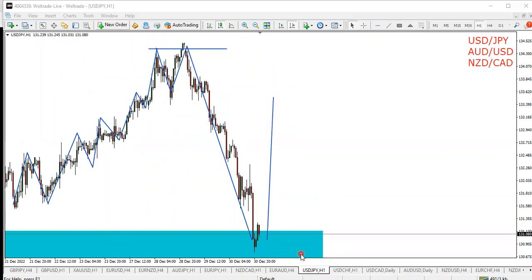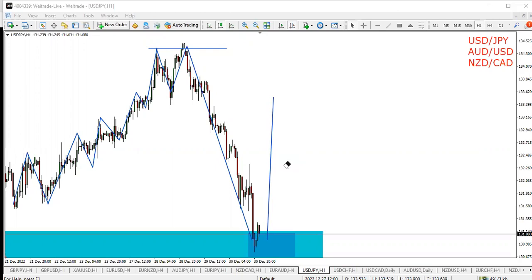So this is really what we are looking forward to on USD JPY. For as long as this low, this entry level, does not break, we have a very good trade in this case. So if you have good entry confirmation right inside of this zone, you are good to go. So USD JPY, very simple market. It's a bearish trend on the H4.